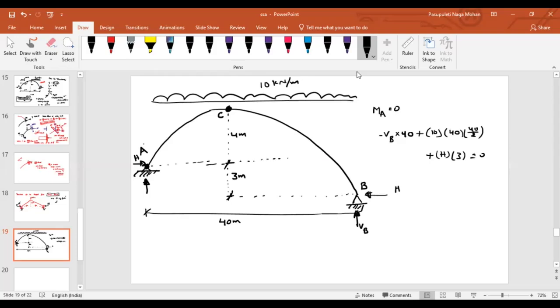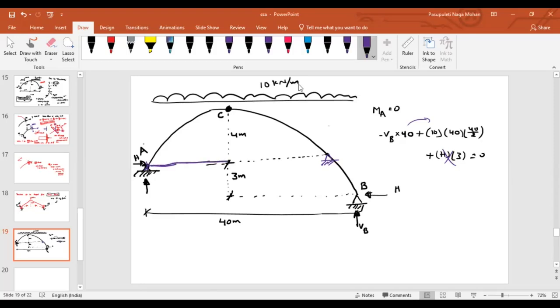If the supports were at the same level, what happens because of this thrust? No moment will develop, so this will not come into the picture. Then you can say the vertical reactions are 200 at both supports. But at present, it is not. So first, we have to find out these distances.